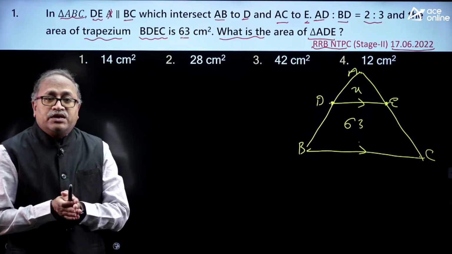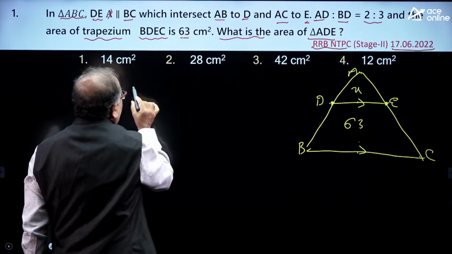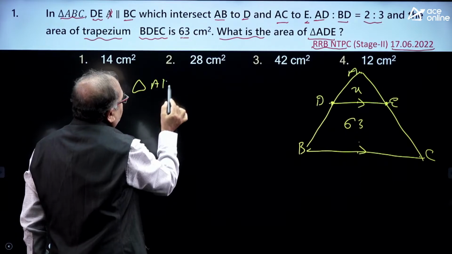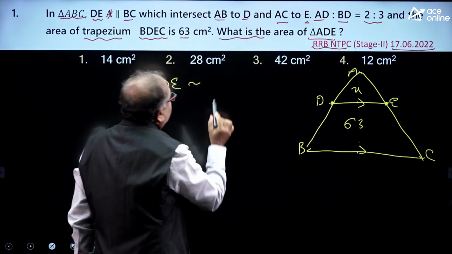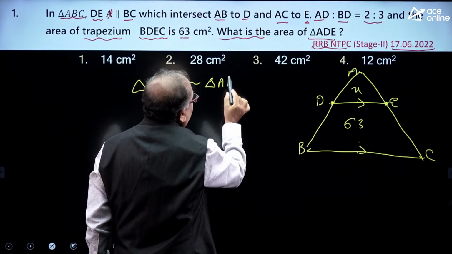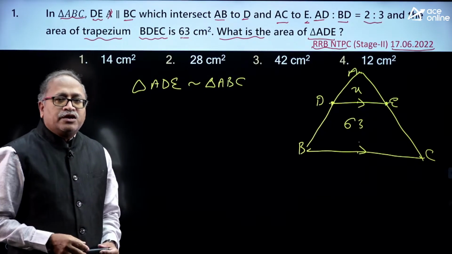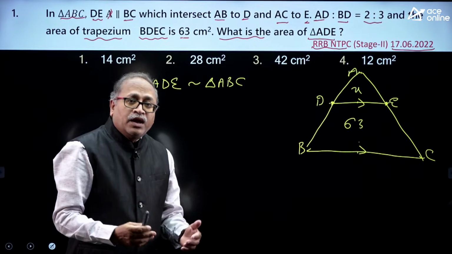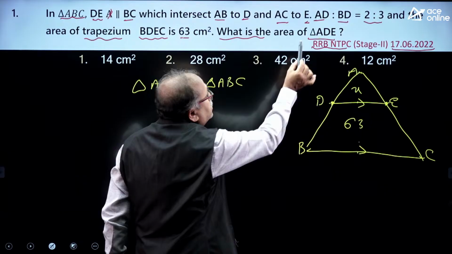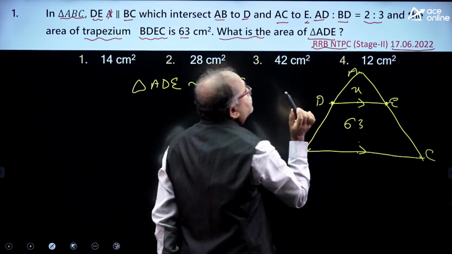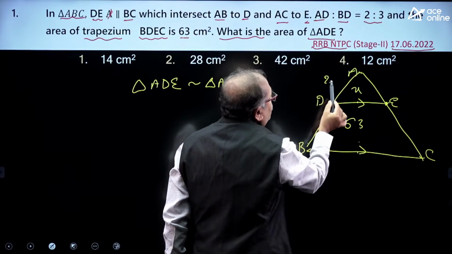The very first thing you should understand is that when these two are parallel, then triangle ADE is similar to triangle ABC. Just watch it, you will come to know a lot of the formulas which you already know, or which you might have forgotten, and you will recollect them. So, these two are similar triangles, and the ratio AD to BD is 2 is to 3.